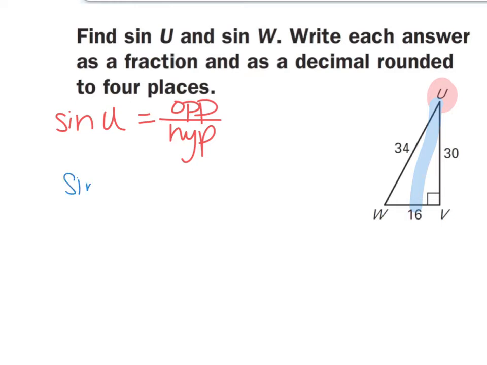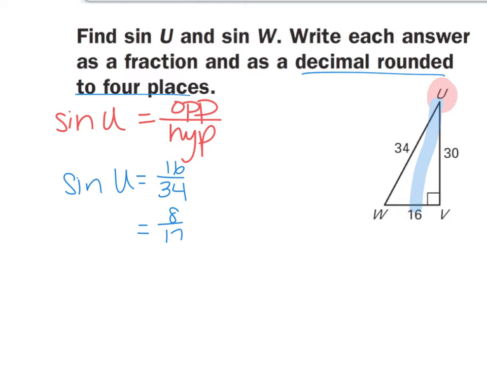So the sine of u is going to equal the opposite side, which is 16, over the hypotenuse, which is 34. So stick that in your calculator. You do need to reduce if you can. So this does reduce down to 8 over 17. You can divide them both by 2. And they also said they want it as a decimal rounded to 4 decimal places.